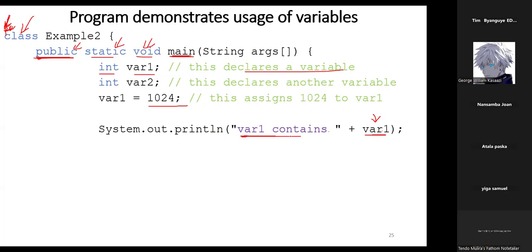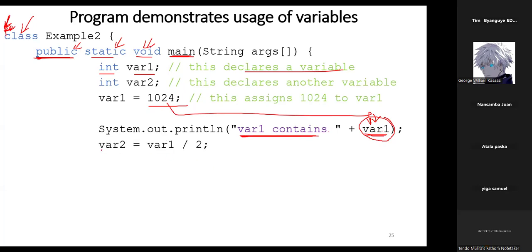So this will print var1 contains 1024. Why? Because when it reaches here, it looks in memory for anything named var1. When it finds it, it picks the value and substitutes it and puts it there. So on the screen, you see var1 contains 1024.